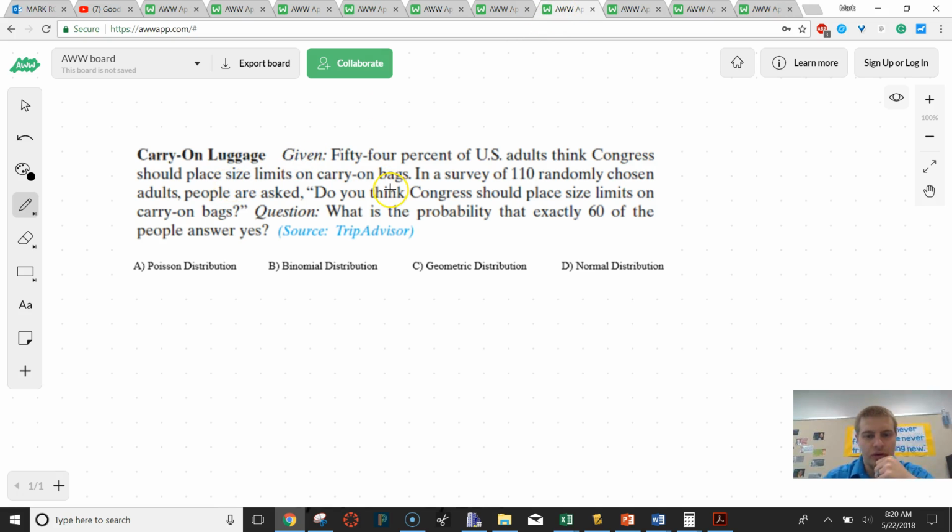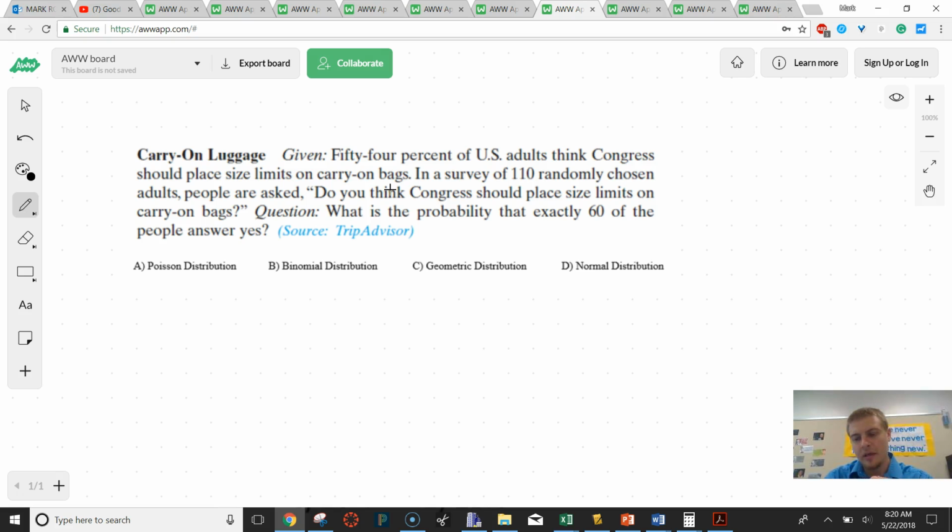Okay, so it says given that 45% of U.S. adults think Congress should place limits on carry-on bags. In a survey of 110 randomly chosen adults, people are asked, do you think Congress should place size limits on carry-on bags? What's the probability that exactly 60 of the people answer yes?